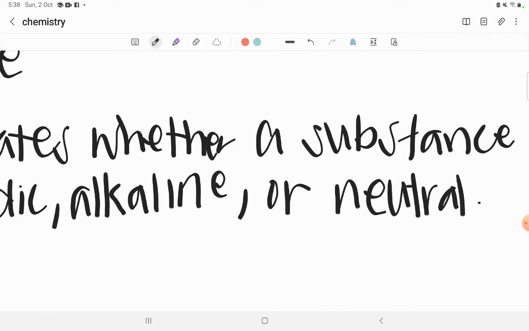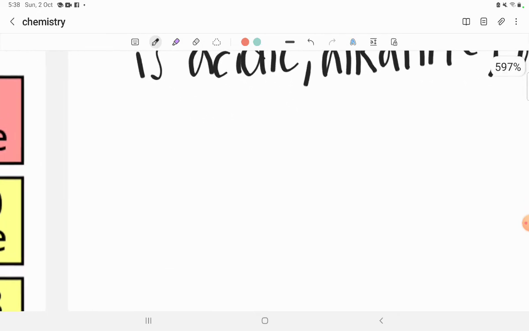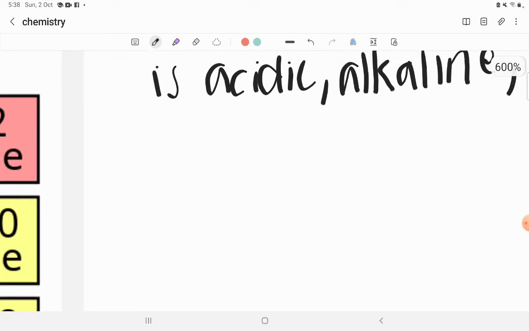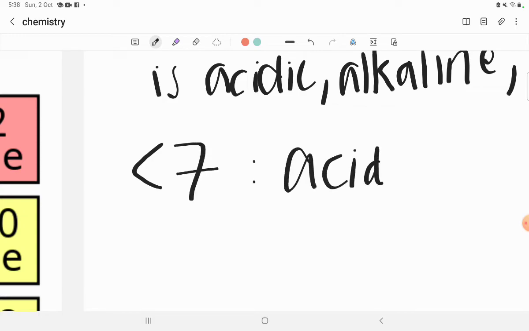Okay, so how does it indicate? If the pH is below 7, then it is acidic. If it's over 7, then it is alkaline.